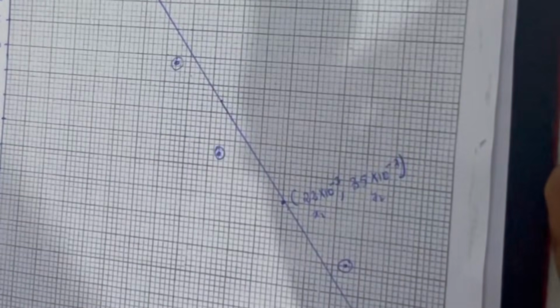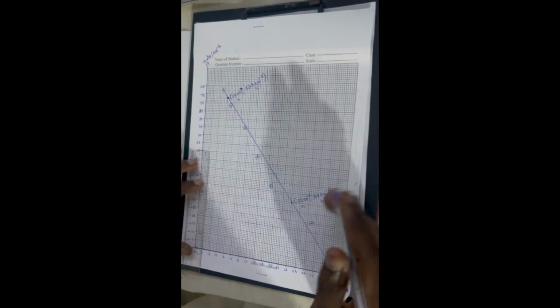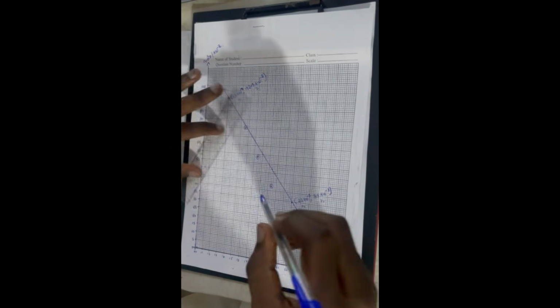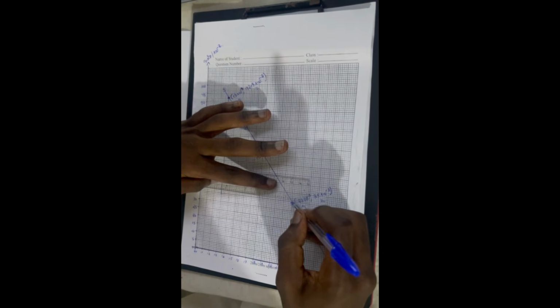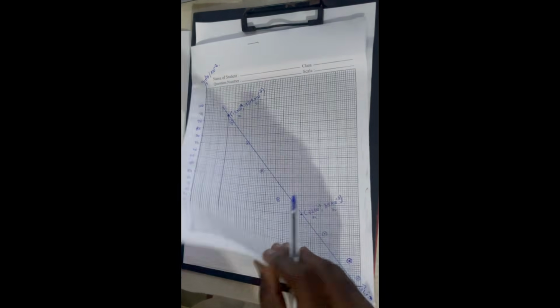So that is it, students. You don't waste time there. You have x1, y1, x2, y2. So this is your slope, like this. Let me represent it so that you can see. This is the slope. You see that the slope should be big.